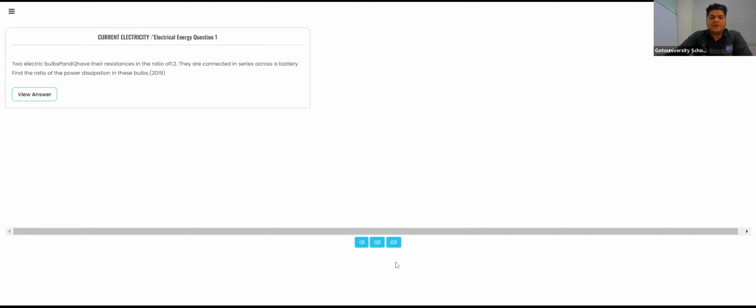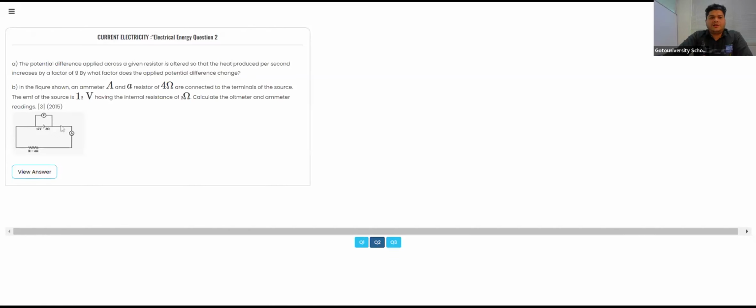Now, let's solve the next question. The next question is: the potential difference applied across a given resistor is altered so that heat produced per second increases by factor 9. By what factor does the applied potential difference change? See, we will solve the first one.